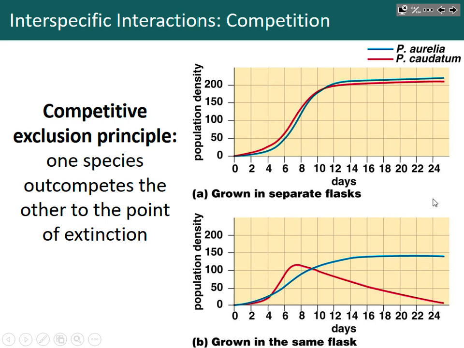They weren't able to coexist. In order for the Aurelia species to continue to survive, it had to completely eliminate Caudatum. And so that exhibits competitive exclusion. And like Riley said, humans are a great example of competitive exclusion, right? Our persistence in spaces often removes other species from existing in that space. We cannot coexist reasonably, and instead the presence of one species causes the other to go extinct.